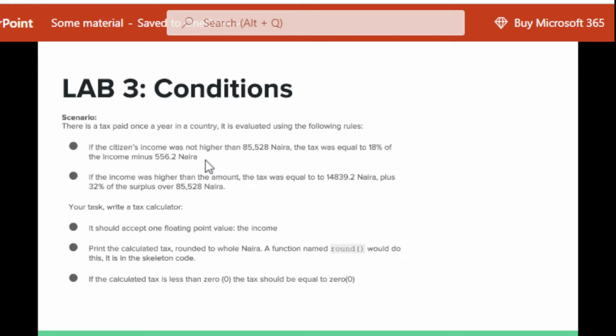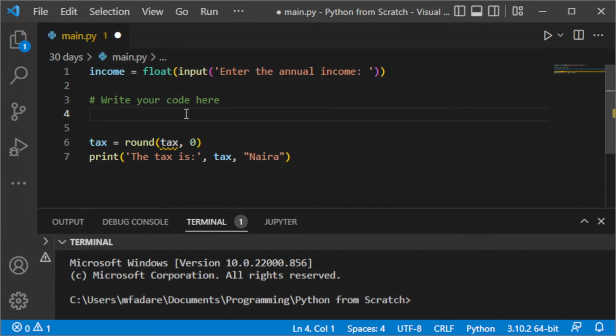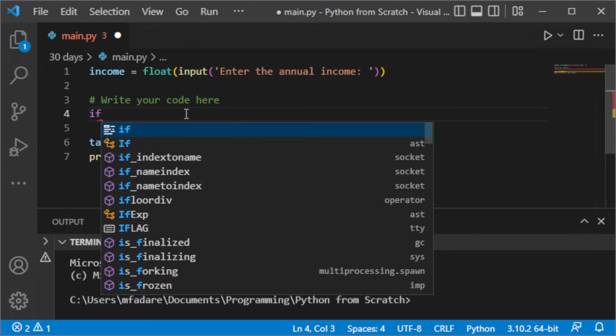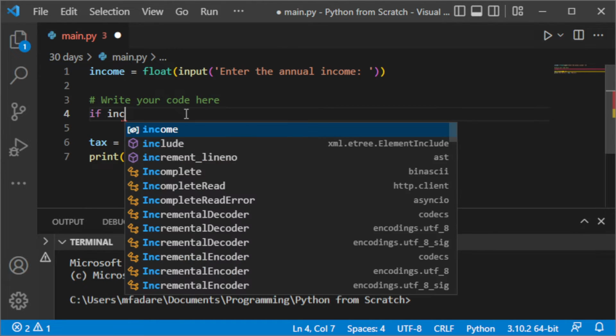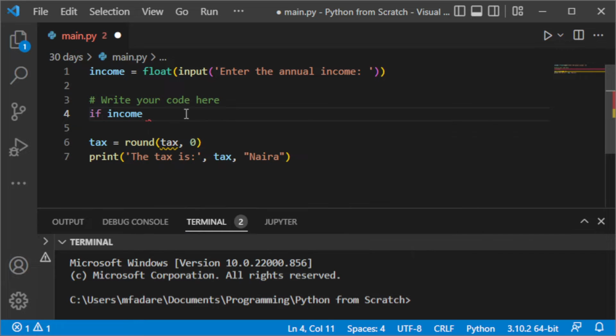Sorry, if the income is less than this amount, then we should remove 18% from the income. So we'll start with that very first if. We've collected an income from the keyboard and named it income. So our condition will be: when income is less than that amount, which is 85,528.